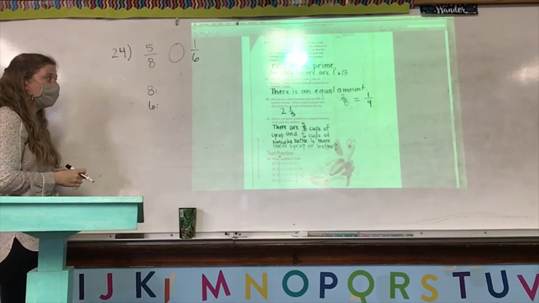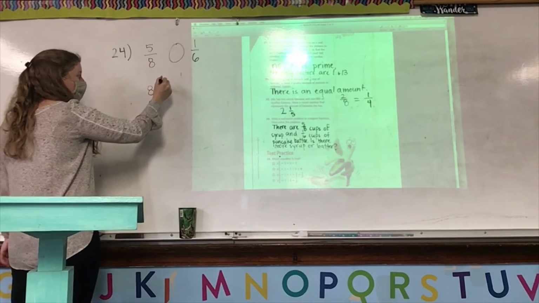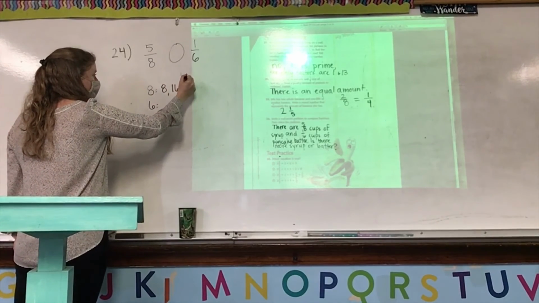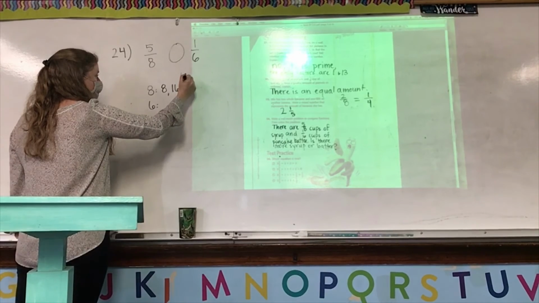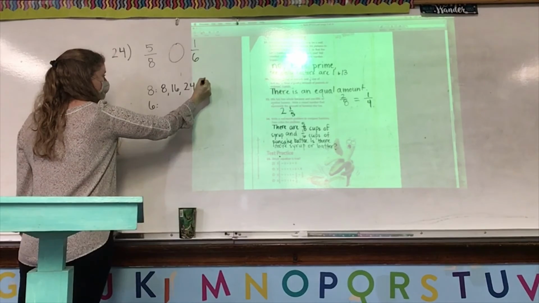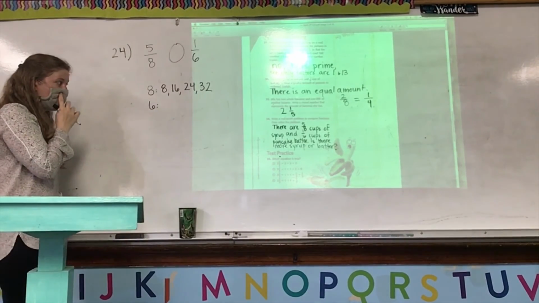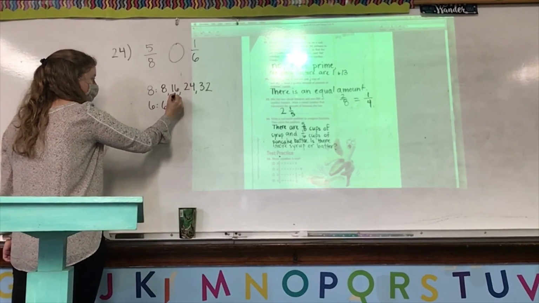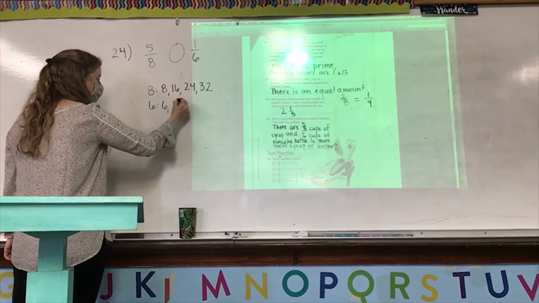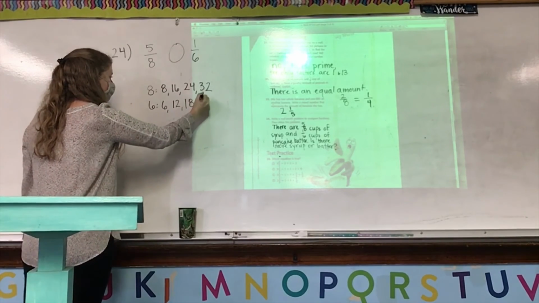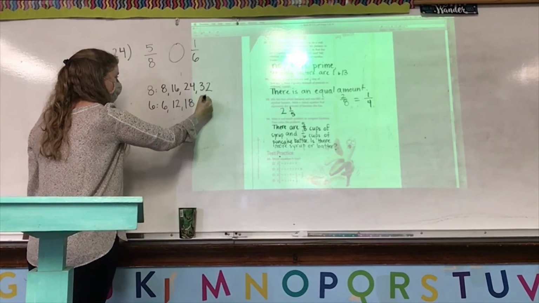First four multiples of 8. 8, 16, 24, 32. First four multiples of 6. 6, 12, 18, 24.